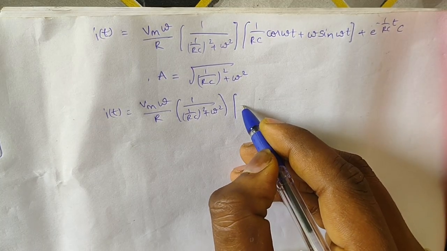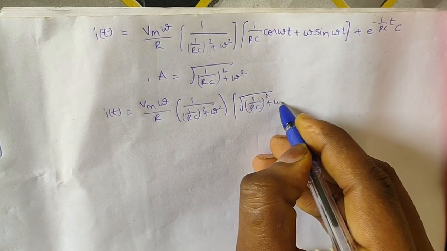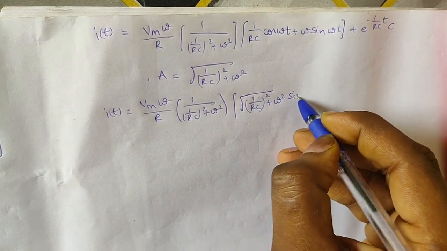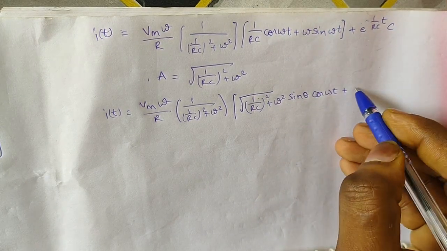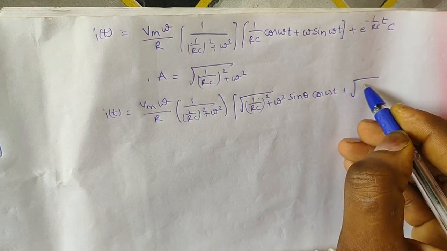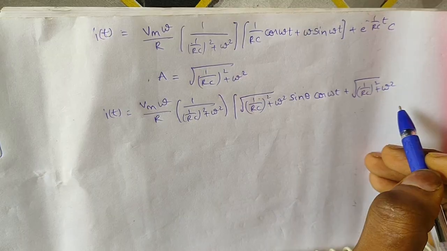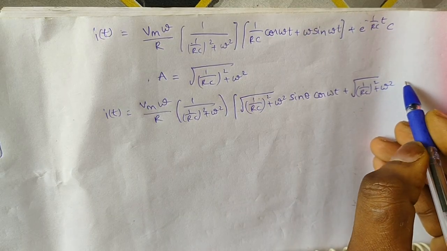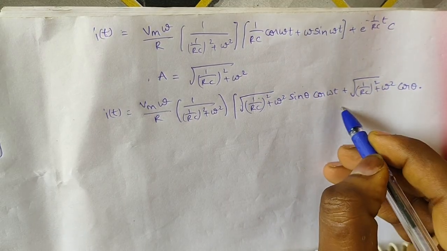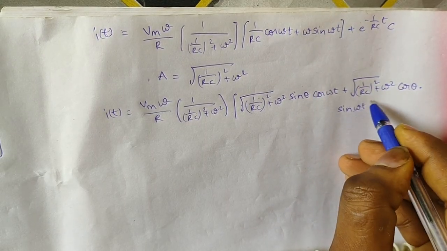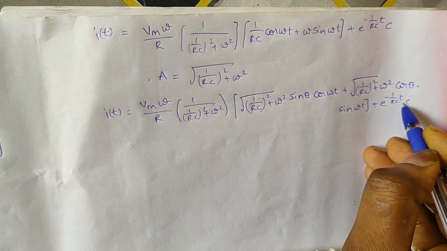That means A is under root of (1 by RC) whole square plus omega square, sin theta cos omega t, plus in place of omega, under root of (1 by RC) whole square plus omega square, cos theta into sin omega t plus e power minus 1 by RC t into C.